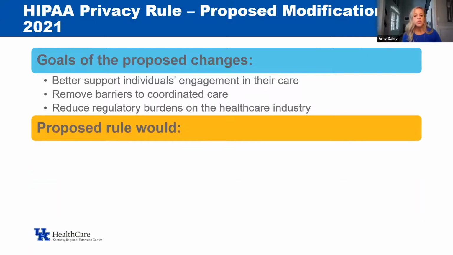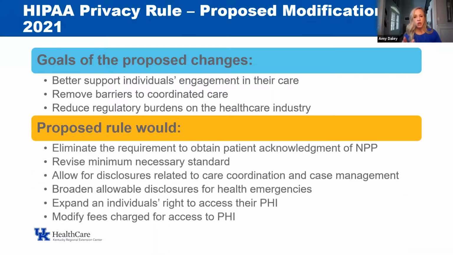So what would the proposed rule do once it takes effect? There is a lot to this, so it's hard to summarize in one slide, but I do want to share with you the Notice of Privacy Practices. The rule is proposing that we eliminate the requirement to obtain written patient acknowledgement of the NPP.